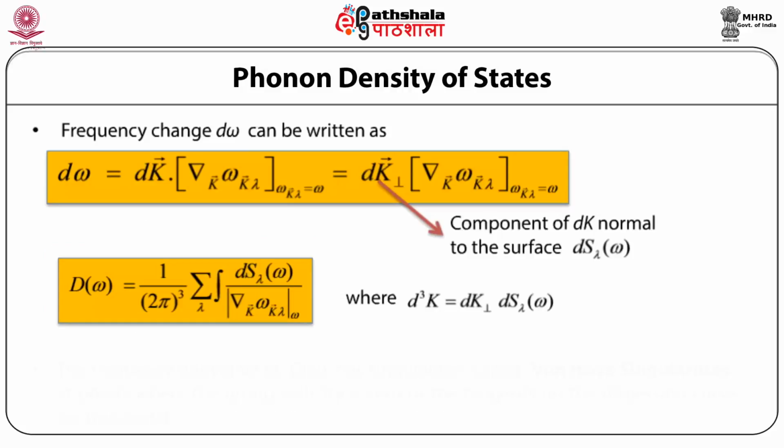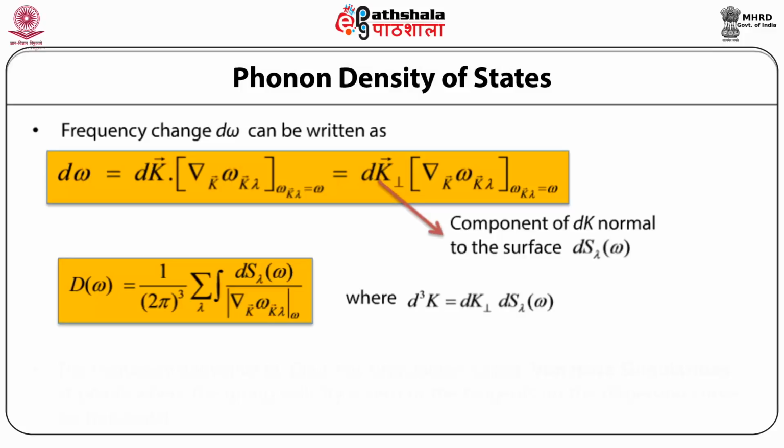The frequency change d omega can then be written as d omega is equal to dk dot the derivative of omega(k, lambda) with respect to k, keeping omega(k, lambda) constant, which is omega, gives us this formula, that is dk perpendicular multiplied by the derivative of omega(k, lambda) with respect to k. Here dk perpendicular is the component of dk normal to the surface dS lambda, and also remember that d cube k is equal to dk perpendicular into dS lambda.